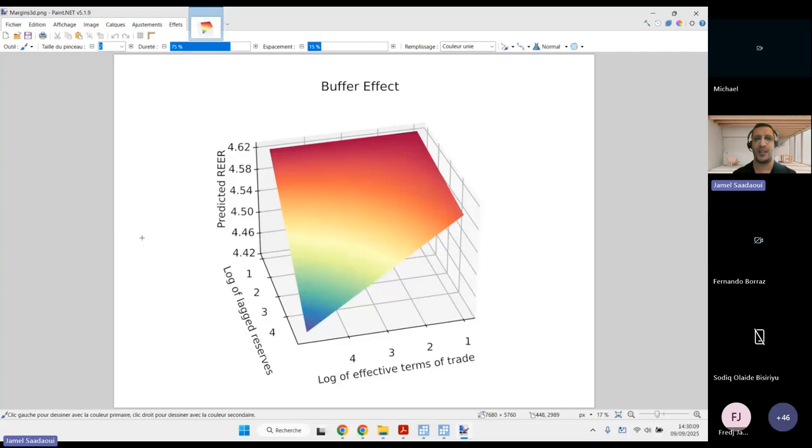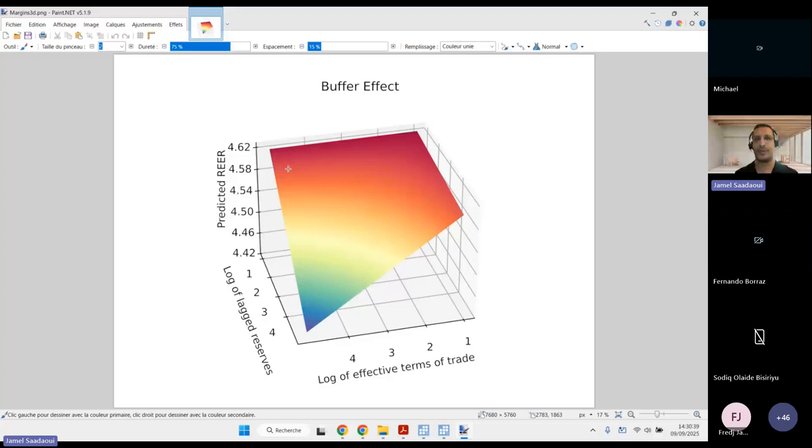So what you can see here is that when you have a terms of trade shock, for example the log of effective terms of trade going from 2 to 3, or from 3 to 4, you will see that when you have a lot of reserves, for example log 4, the predicted exchange rate will be lower than when you have very few reserves, when the log of lagged reserves is 1.